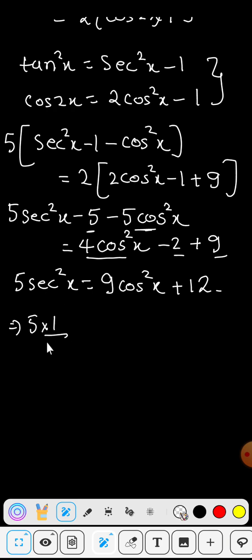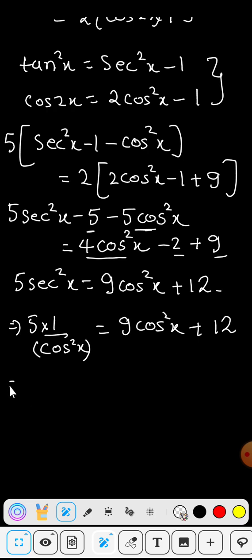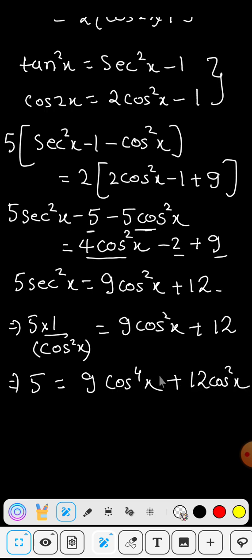It will become 1 upon cos square x is equal to 9 times cos square x plus 12. We will send this cos square x this side in multiplication, so it will become 5 is equal to 9 times cos raised to 4 x plus 12 cos square x.